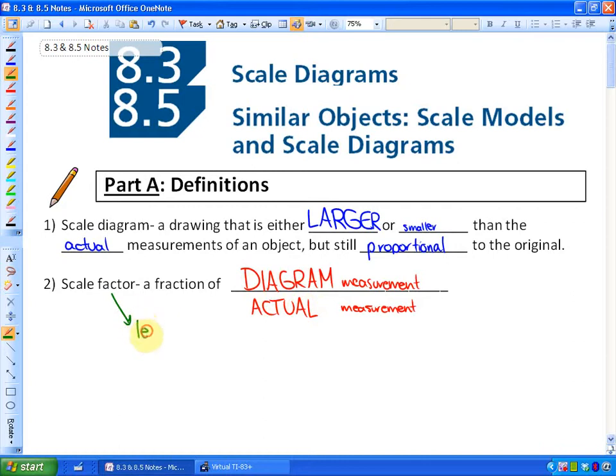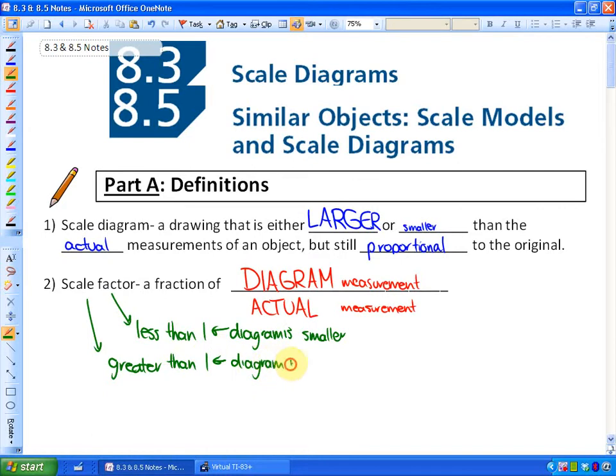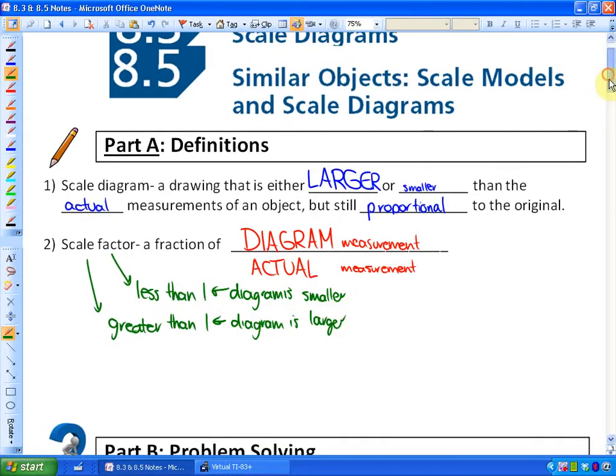So if it's less than 1, then your diagram is smaller. Or vice versa, if it's greater than 1, that would mean your numerator is larger than your denominator, then your diagram is larger than the actual model or diagram.